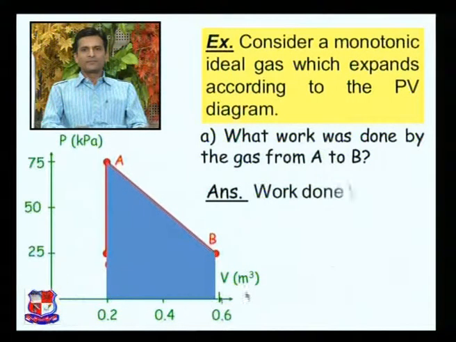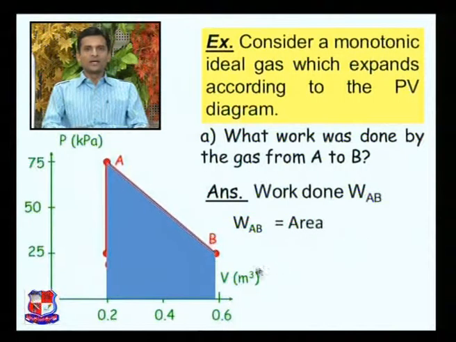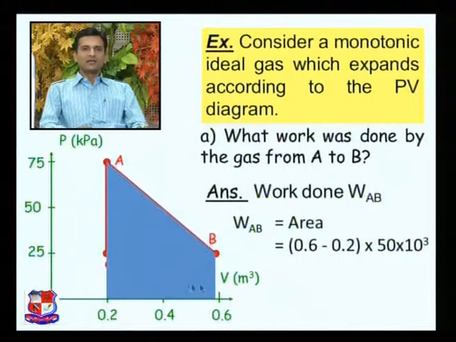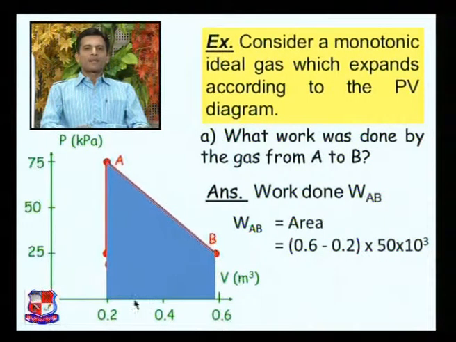So for that, work done W_AB is equal to the area covered. So we have to find the area covered by this AB, this area. To compute this area, the difference is 0.6 minus 0.2, that is 0.4. That is the width of this area, and the height would be the mean height, right?